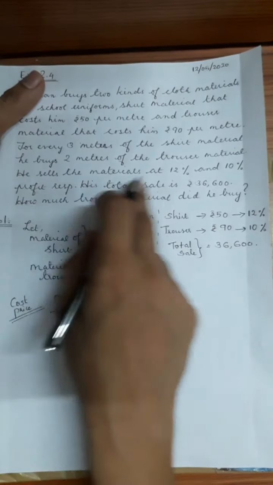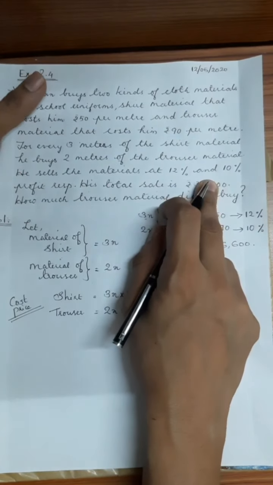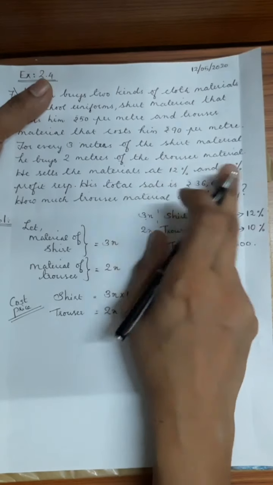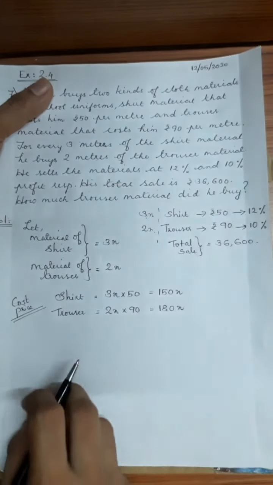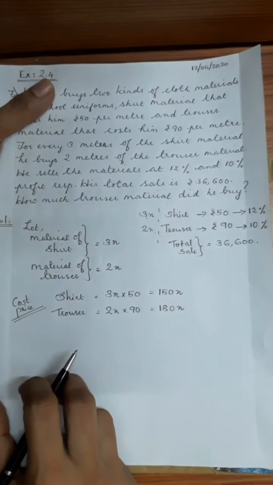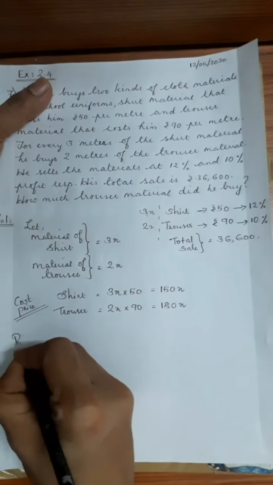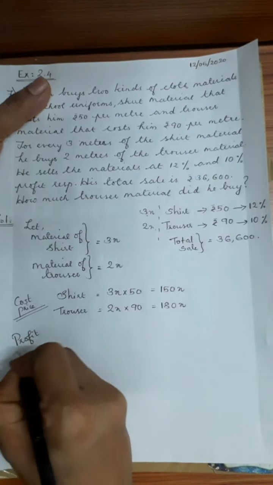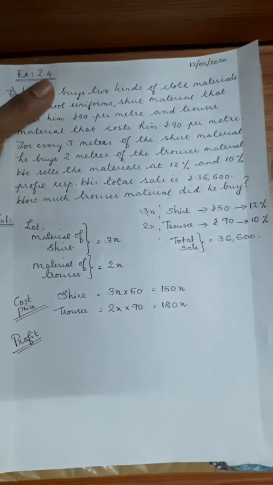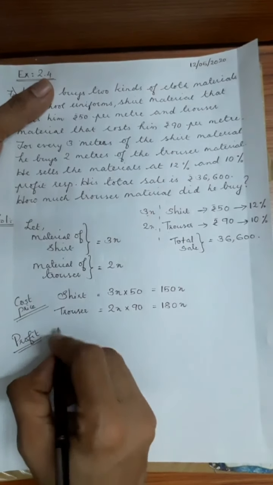Now here the profit percentage is also given for the materials, for the shirt and for the trouser. So we need to find out the profit for shirt and trouser. Is it clear? So what will be the profit for shirt?